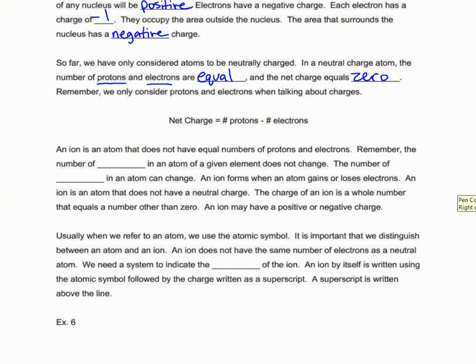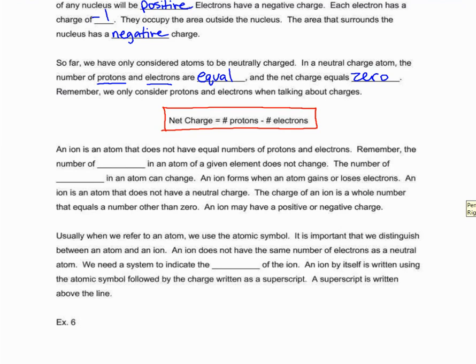Here we have really the basic formula for figuring out the net charge of an ion. What we do is we take the number of protons that we have and subtract out the number of electrons, and this will give us the net charge. Sometimes it's positive. That would be when there's more protons. And sometimes it's negative, and that would be when there are more electrons.